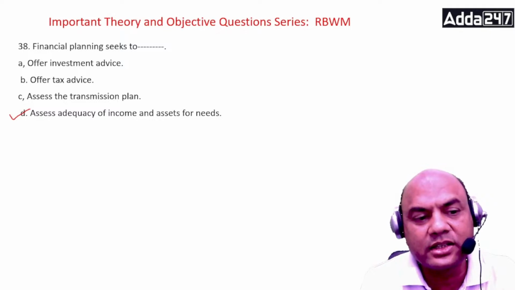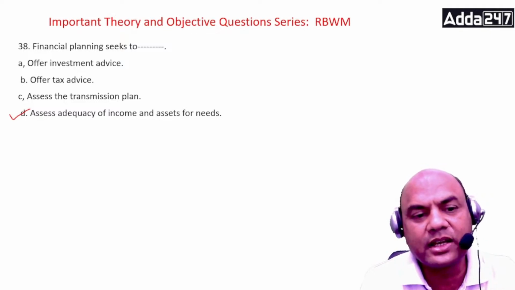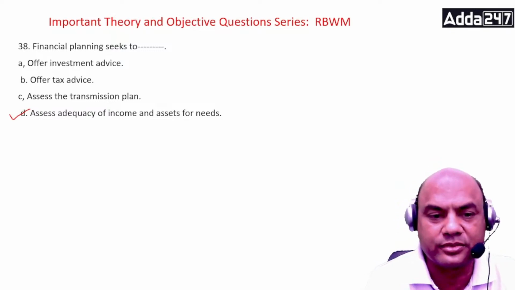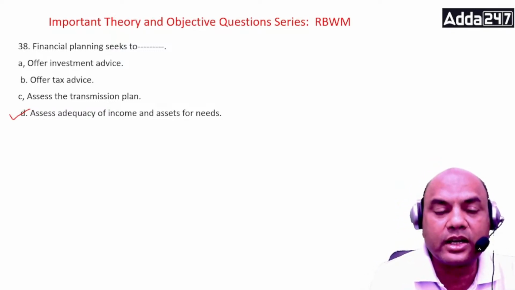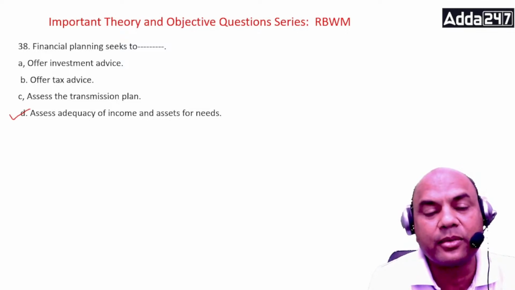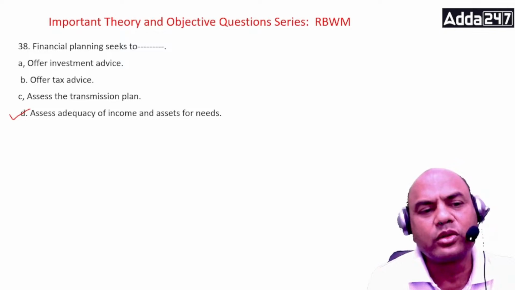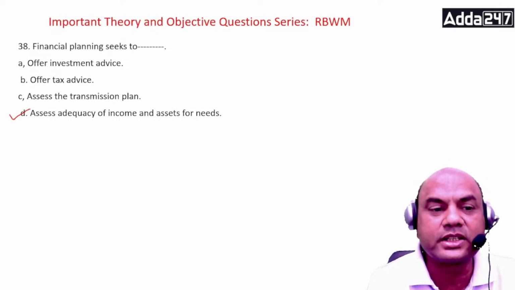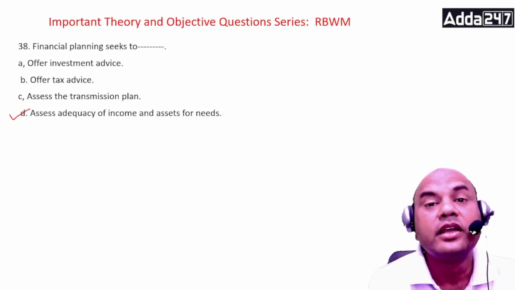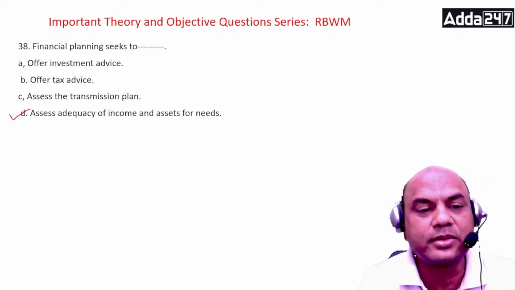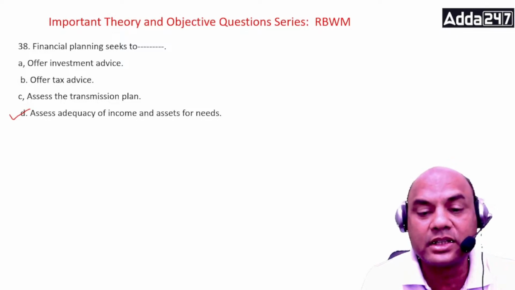Whenever you consider D, A, B and C are part of this D. It is more comprehensive, it combines everything. Financial planning seeks to not only give advice, but also tax planning, and give the right products. So financial planning is not only about consulting.